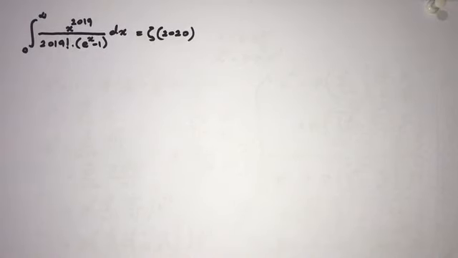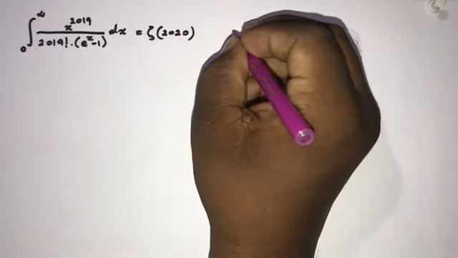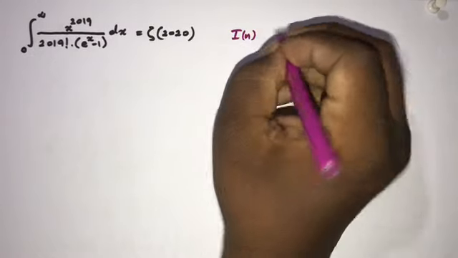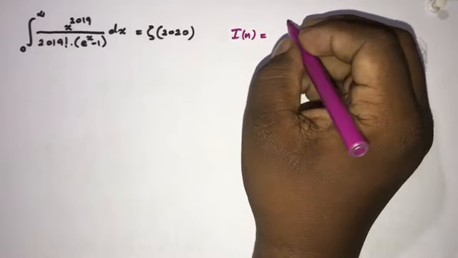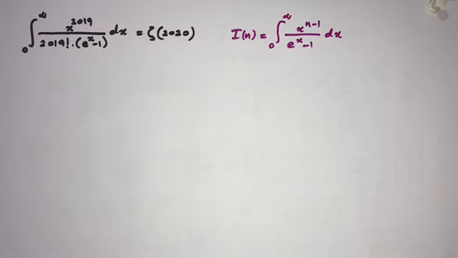First I am going to define an integral I(n) equal to the integral from 0 to infinity of x to the n minus 1 over (e to the x minus 1) dx.